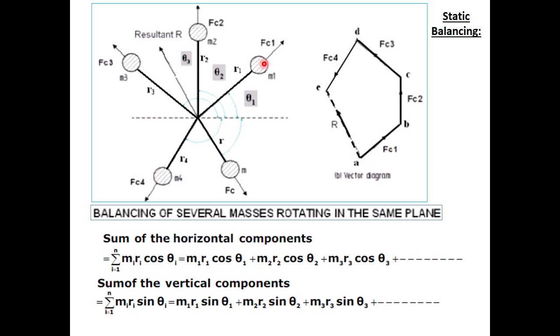Then from the end point, we draw the force vector for this second mass. For the third mass, from here we draw that. Then whatever number of masses are there, we go on constructing that, and then we close it. And corresponding to this closing vector, we put a correction mass. So this will balance. So balancing of several masses rotating in the same plane is clear.